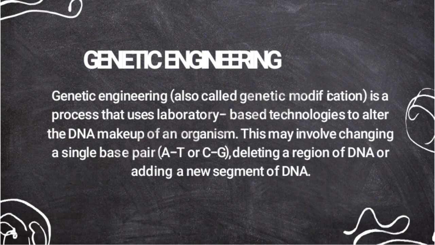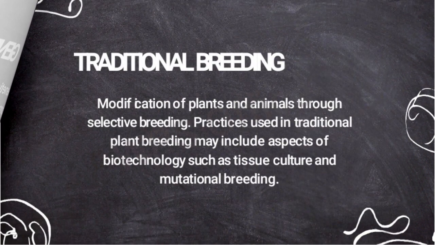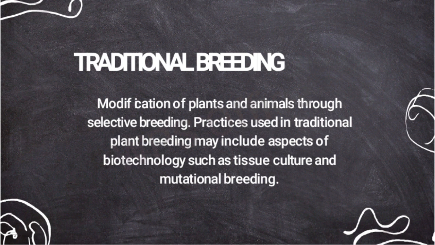In-depth exploration of how genetic engineering is used in various fields. Traditional breeding: modification of plants and animals through selective breeding. Practices used in traditional plant breeding may include aspects of biotechnology, such as tissue culture and mutational breeding.